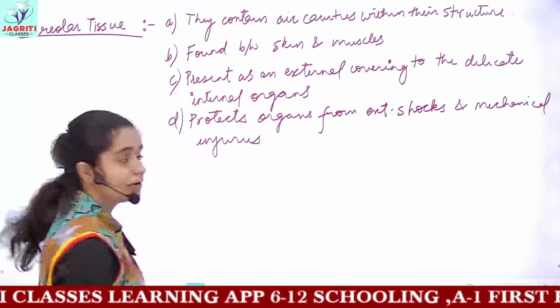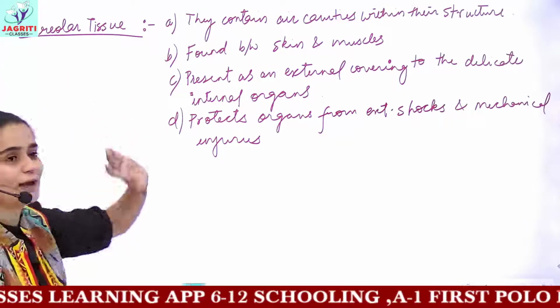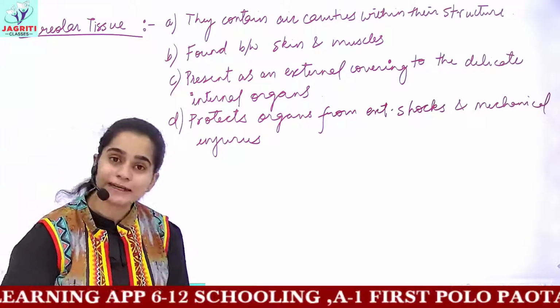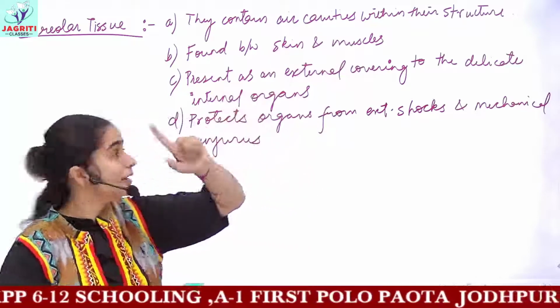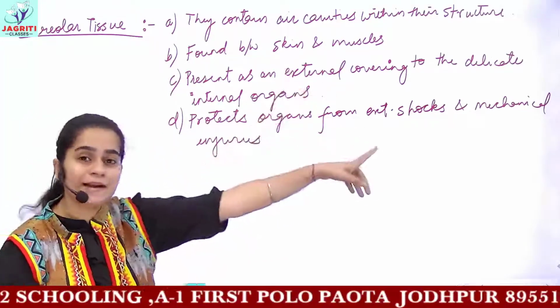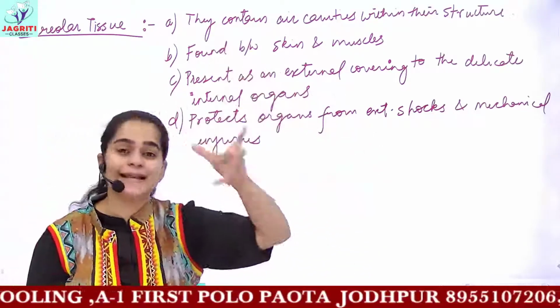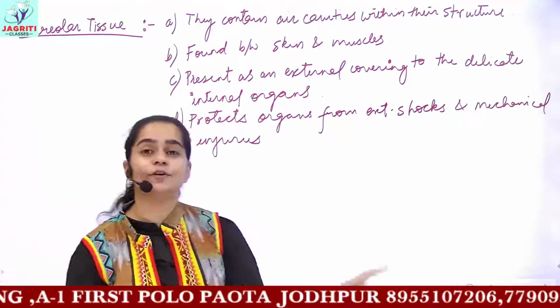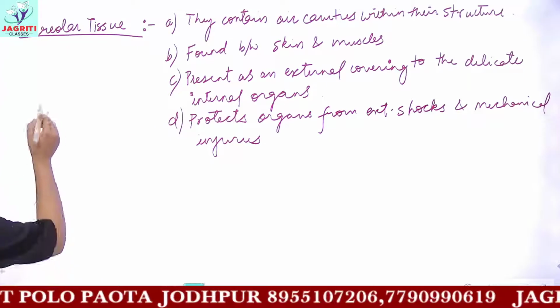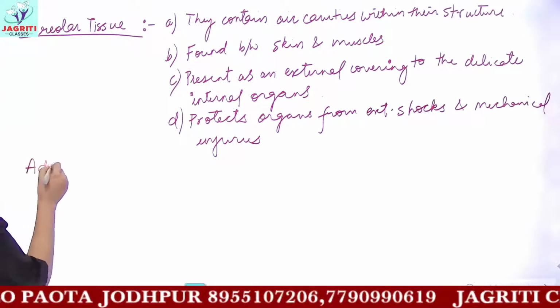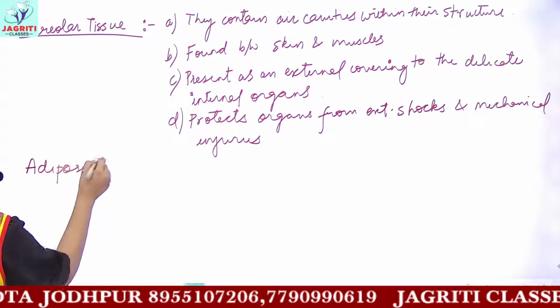This is again a type of connective tissue and it contains air cavities, that is spaces filled with air. These are found between skin and muscles as a covering to your delicate organs, and it protects the organs from getting damaged or injured. Now the next connective tissue, the last one which you have, is adipose tissue.